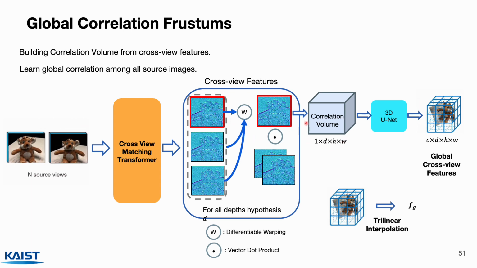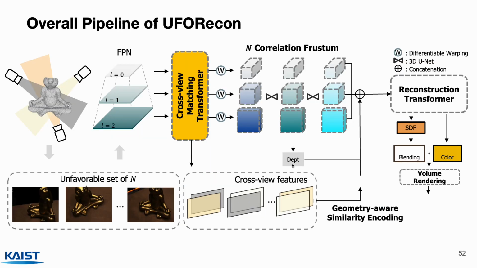Subsequently, we create a feature correlation volume by using the dot product between the reference view and the others. We can then process this correlation volume using the 3D U-Net here. And finally, we get the global cross-view features, which contain the global correlations among the source input images. Okay, so this is the overall pipeline of UFO Recon.